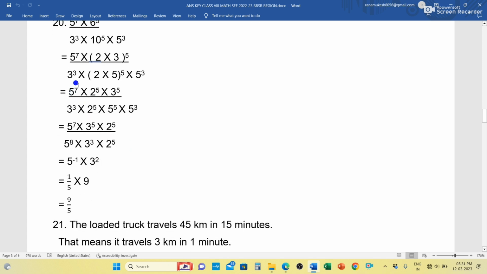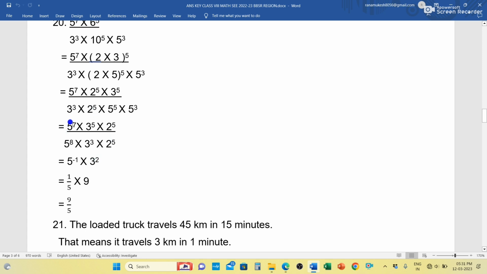Now 5 to the power 7 multiplied by 3 to the power 5, you have to arrange them in decreasing order. So 5 to the power 7 multiplied by 3 to the power 5 multiplied by 2 to the power 5, divided by 5 to the power 5 into 5 to the power 3. So 5 to the power 5 plus 3, that will be 5 to the power 8, multiplied by 3 to the power 3 multiplied by 2 to the power 5.